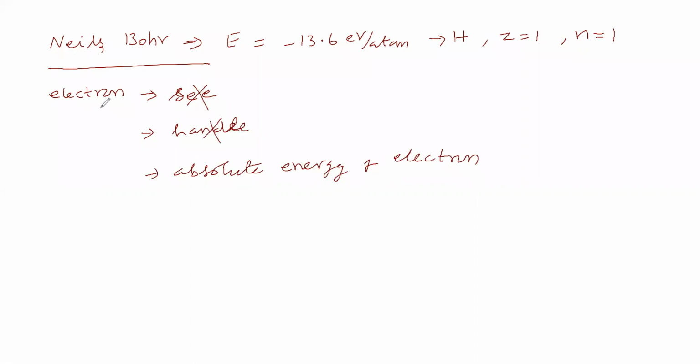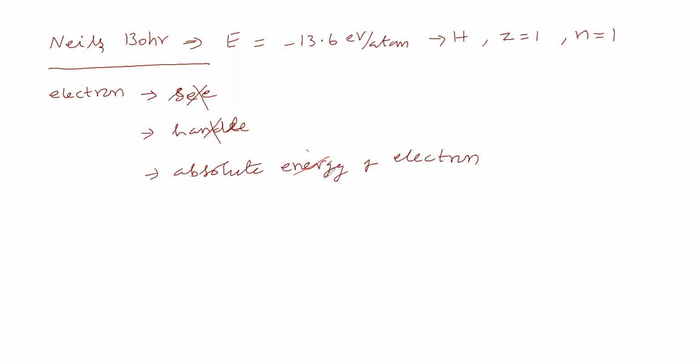The electron is a micro body. First of all, we cannot see it. We cannot handle it. Then is it possible to find its own energy? Can we find the absolute energy of an electron? Absolute means its own energy, its actual energy. We cannot find it. That is the fact.